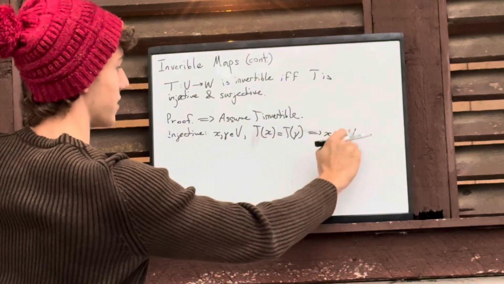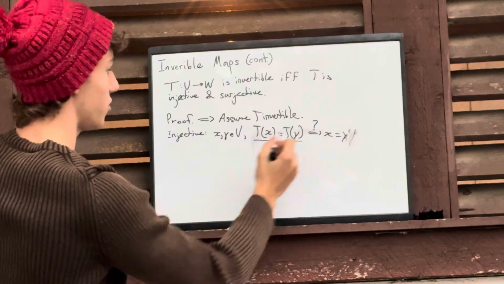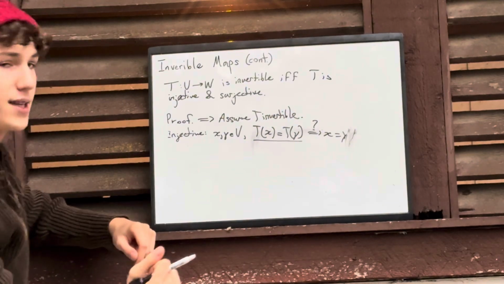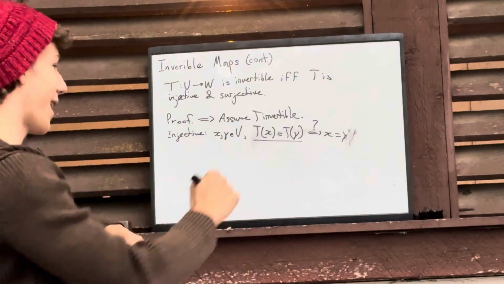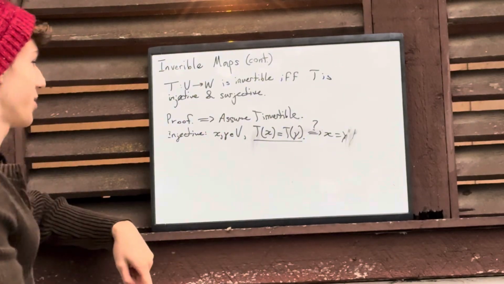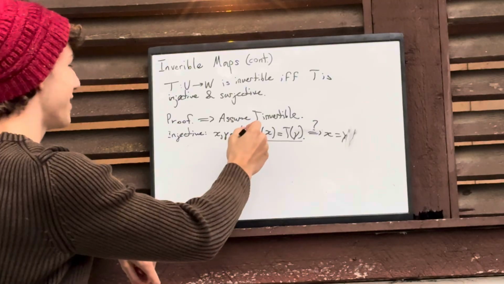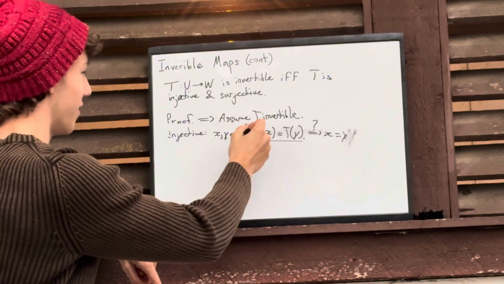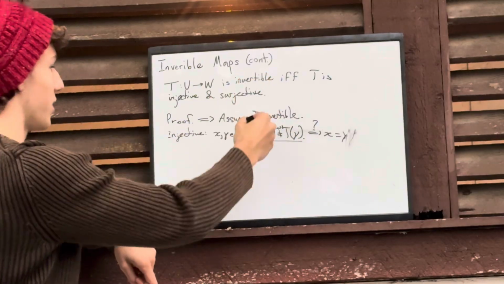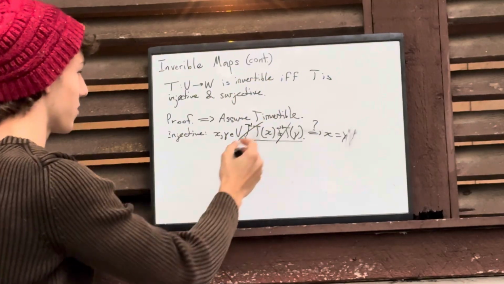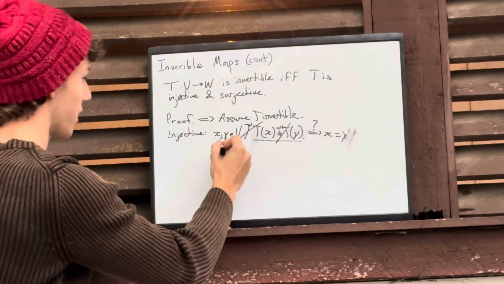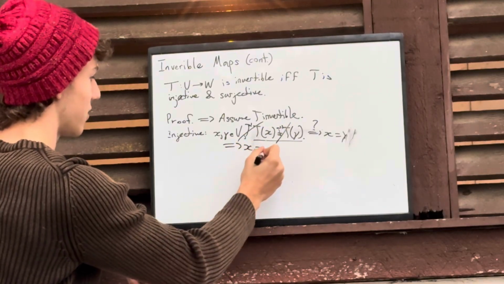We assume this holds: we take any arbitrary x and y, take T of those, and assume they are equal. Well, this is really easy because we can take the inverse of T on both sides. We're assuming T is invertible, so we can do that. These things cancel out in a nice way and turn into the identity, so in particular just x and y are left. So this indeed implies x equals y.